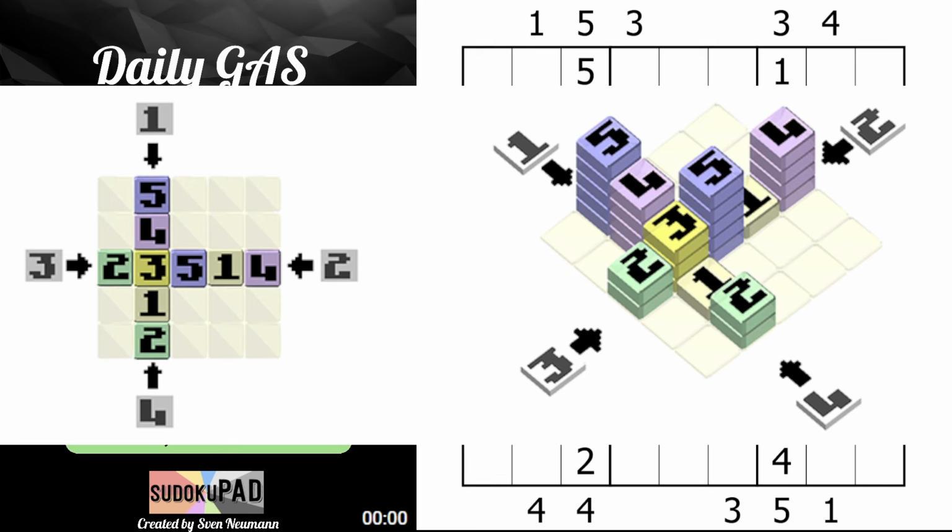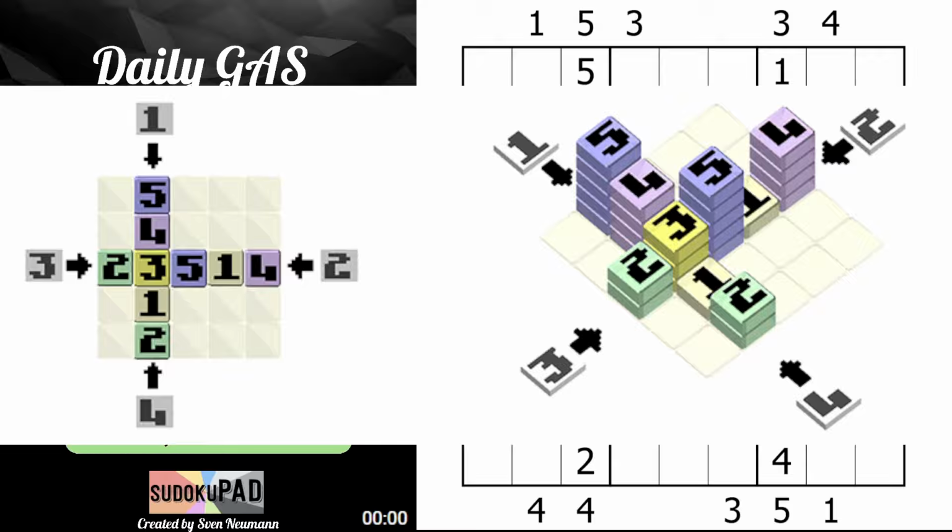The 1 skyscraper is too short, so it will be hidden, and it'll see the 5 skyscraper. On the opposite end with the 3, it would see 2, 3, and 5, but the 1 and 4 skyscrapers would be hidden. And looking in the direction of the 4 clue, we would see 2, 3, 4, and 5, but we would not see the 1.